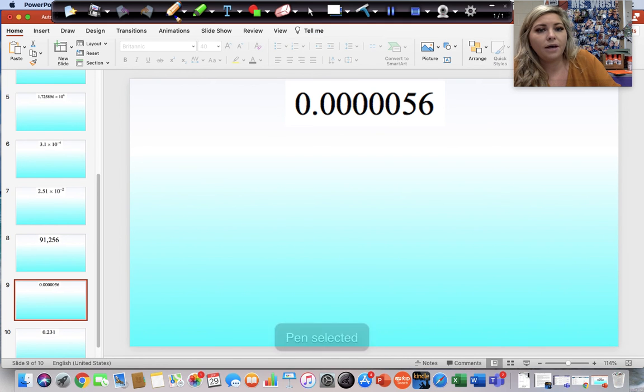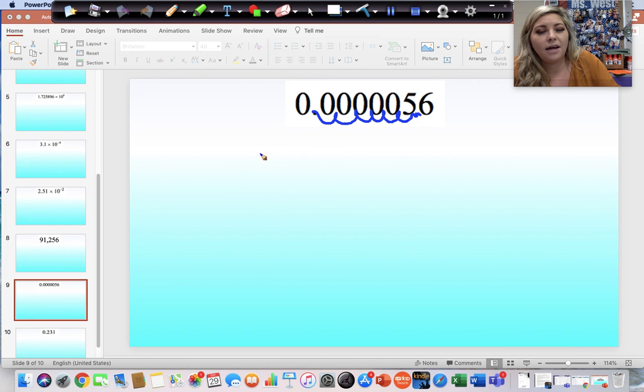Okay, so this one is less than 1, so it is going to be a negative exponent. Again, we want to move our decimal until we just have one number to the left of the decimal. So 1, 2, 3, 4, 5, 6. Here we want to move it past all the zeros.